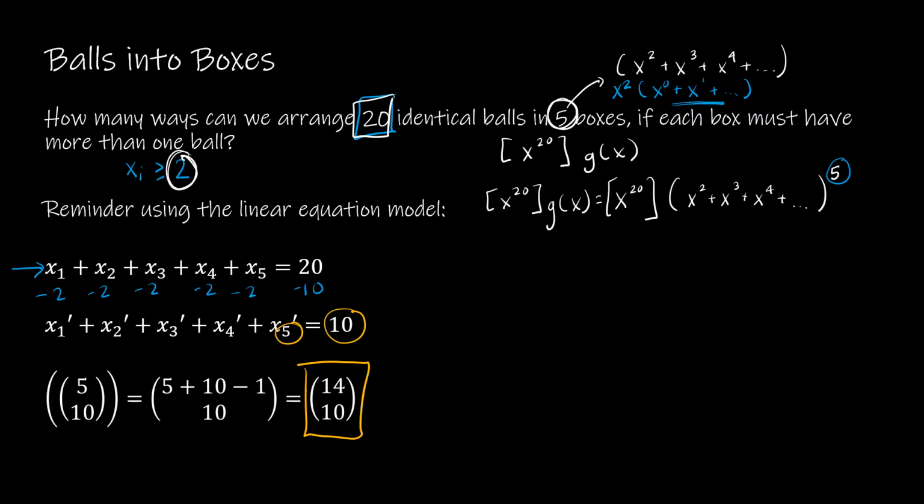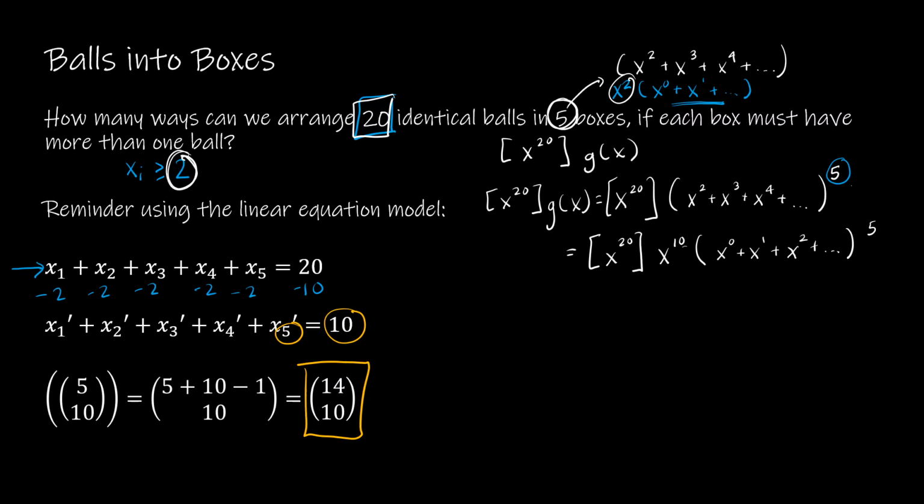So what I actually have is x to the 20 still, and then I've got x to the 10th out, because I took out x squared, but I took it out 5 times, so that's 10 total x's. And that leaves me with x^0 plus x^1 plus x^2 and so on to the 5th power. So again, 2 times 5 gave me the 10.